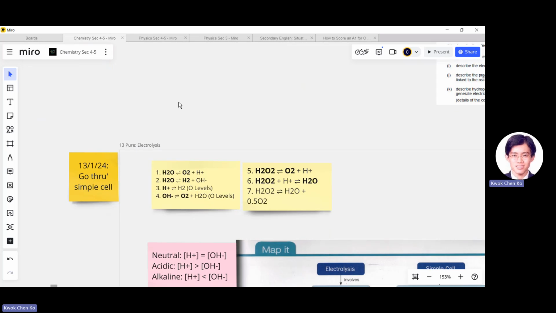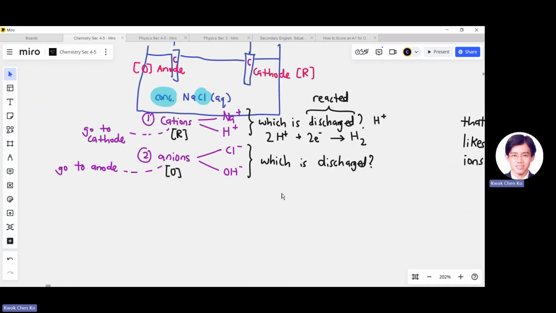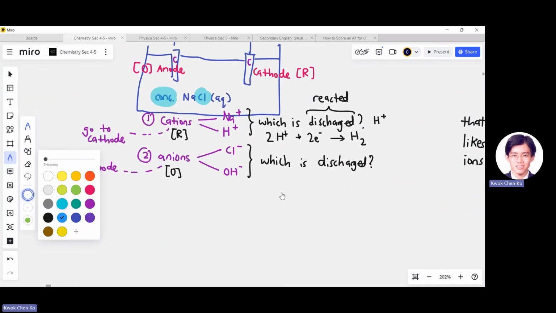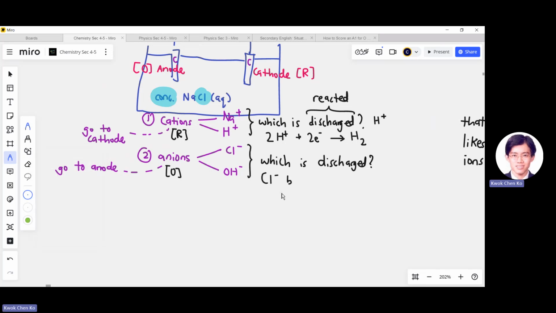Maybe I write it up for you somewhere at the diagram. So in this case, chloride gets discharged because it is concentrated compared to OH minus. I'm not done.